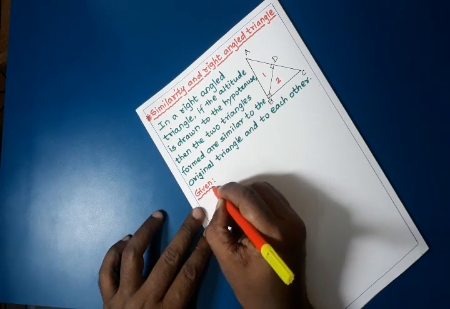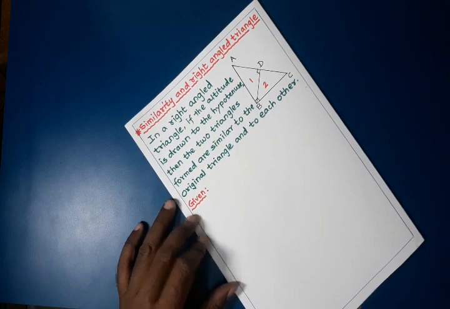We have considered a triangle, that is triangle ABC.